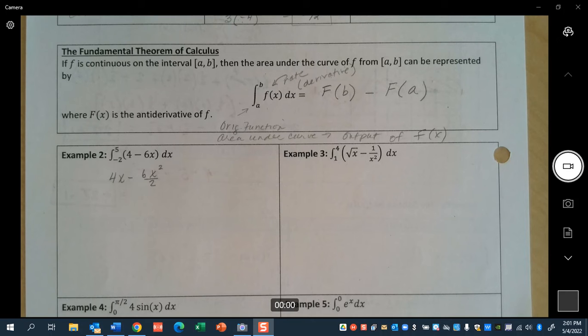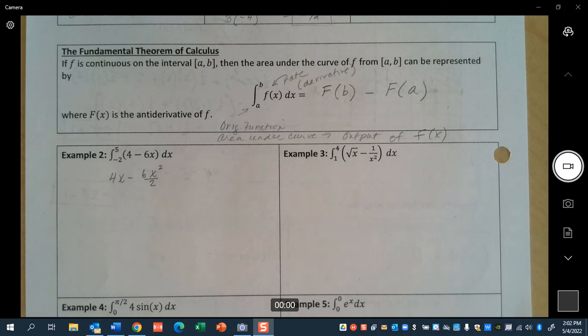Because what I'm doing is, in order to find that area between those two, I'm taking the output. Let's say that you just wanted to know how many miles you drove during the middle part of your trip, right? You would take your odometer reading at the end of that range and the odometer reading at the beginning of that range and subtract, and that would be that middle. Are you with me on that?